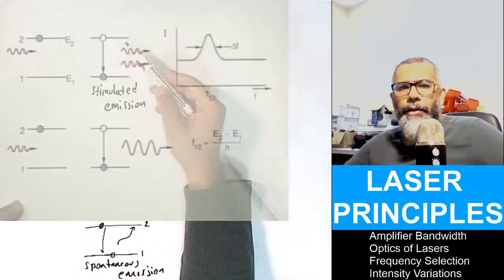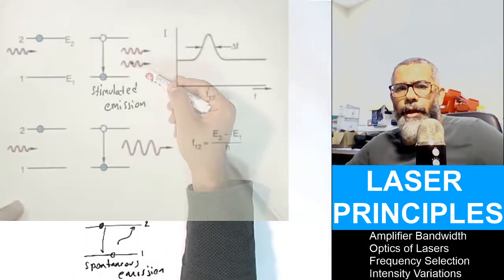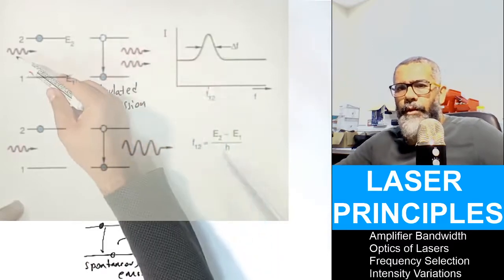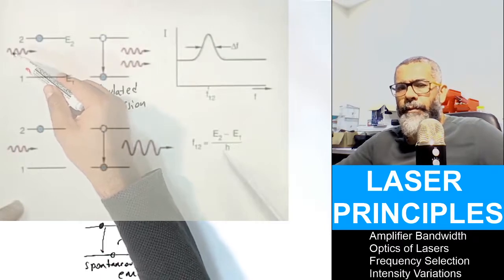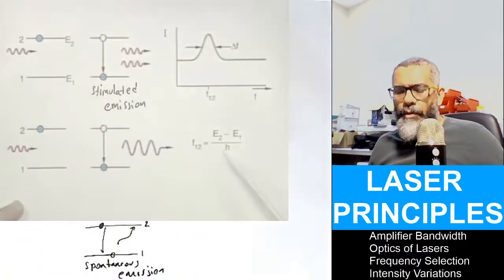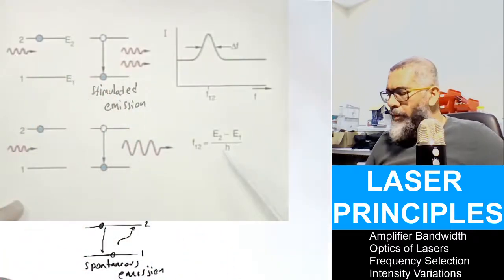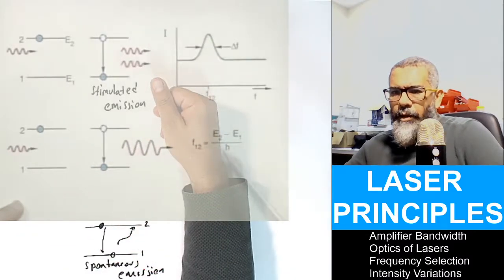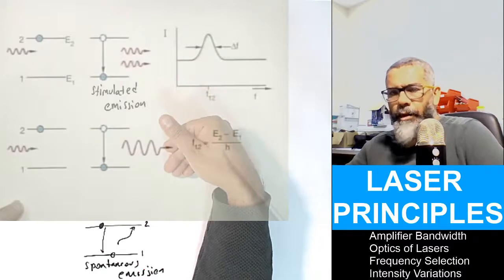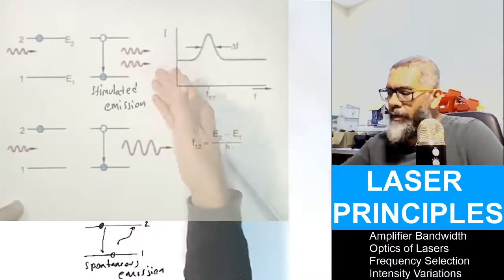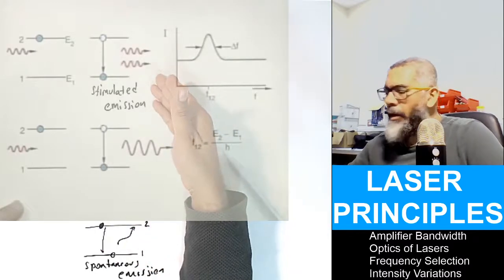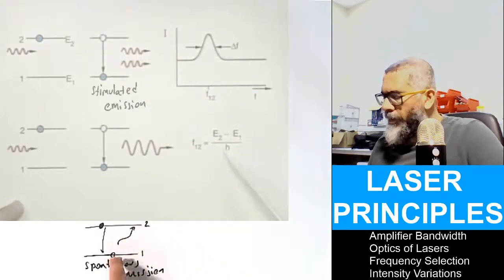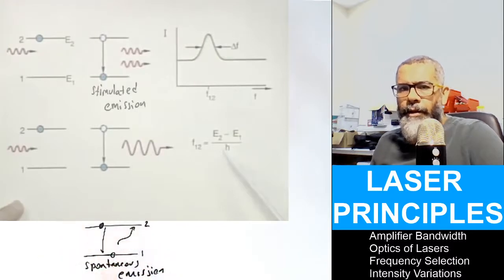But in stimulated emission, the created photon will always go in the same direction as the previously existing photon. So you have two different emissions, and they differ in that in stimulated emission the produced photon goes in a certain direction, but in spontaneous emission the produced photon may go in any random direction.